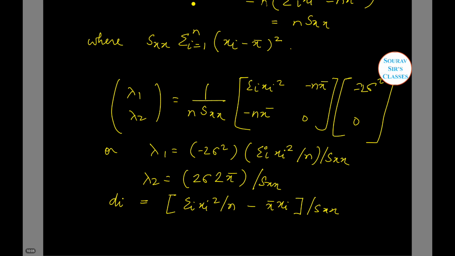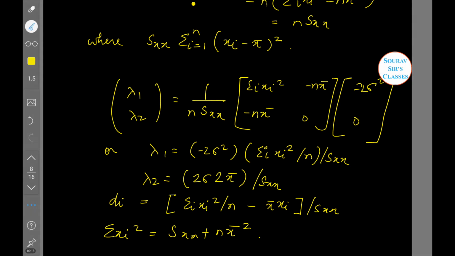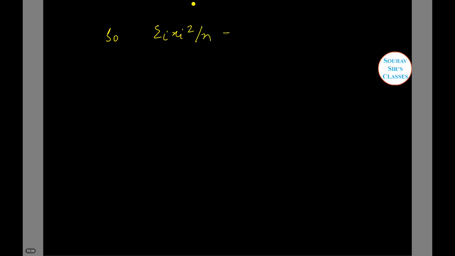Summation xi square is equal to Sxx plus n x bar square, so summation xi square by n is equal to Sxx by n plus x bar square.